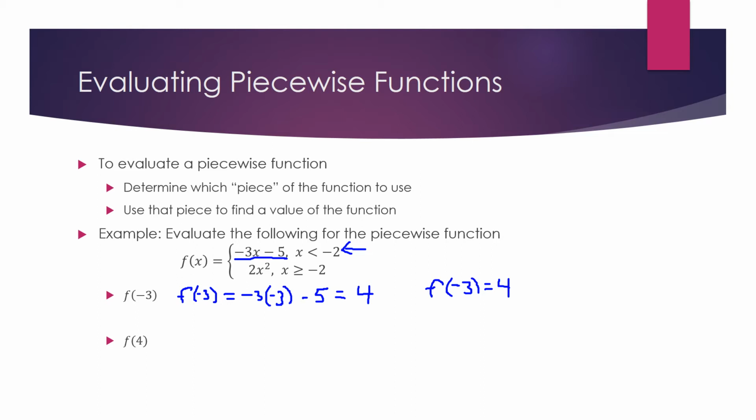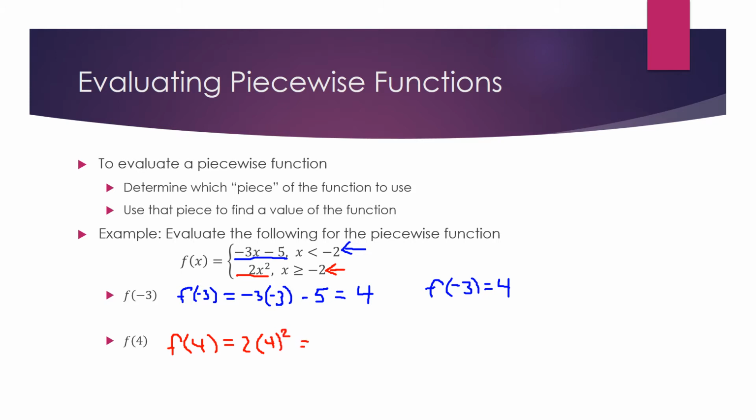For f of 4, we're going to use the bottom piece of the piecewise function because 4 is greater than or equal to negative 2. That means I'm going to use this function I'm underlining in red, 2x squared. So, in this case, f of 4 is equal to 2 times 4 squared.